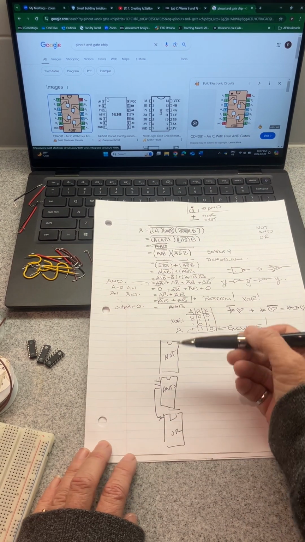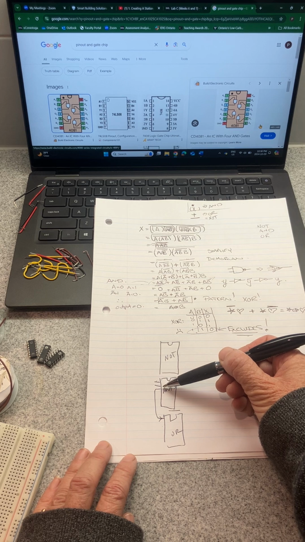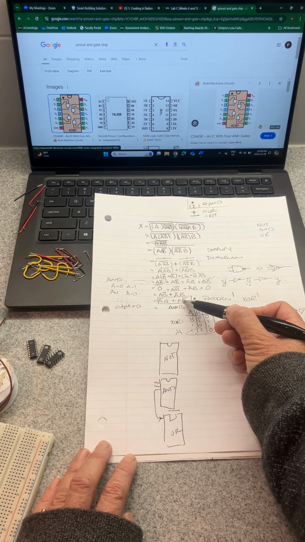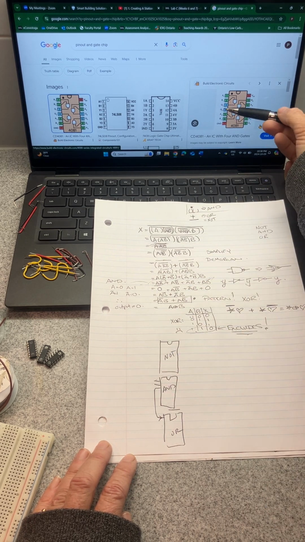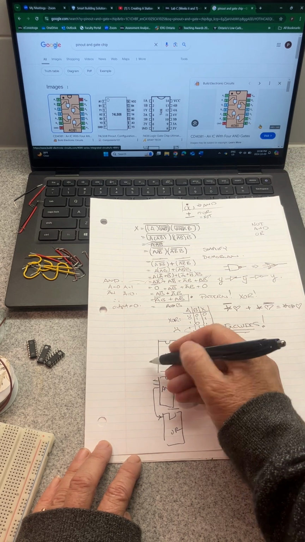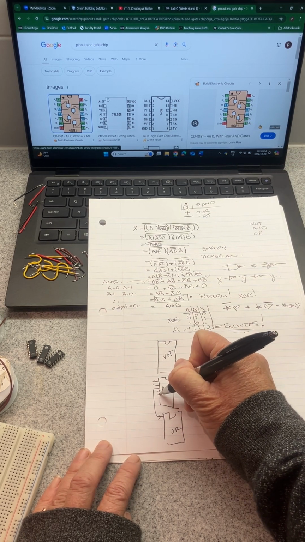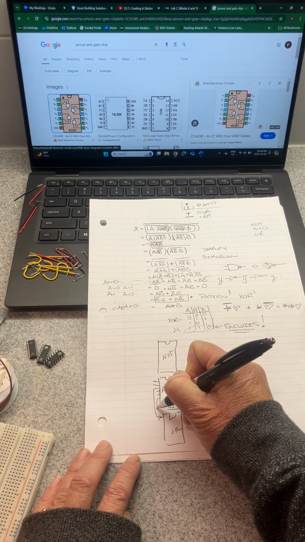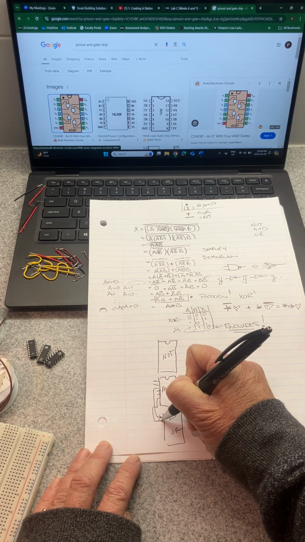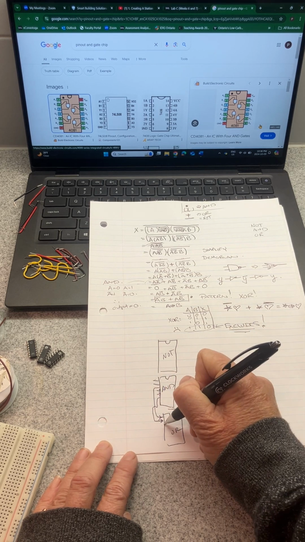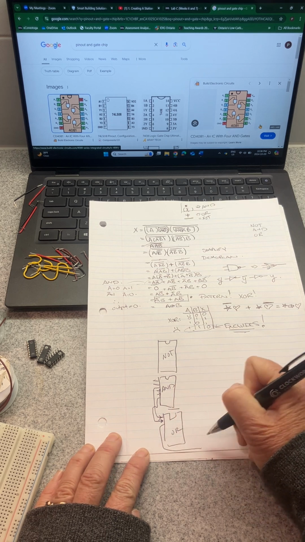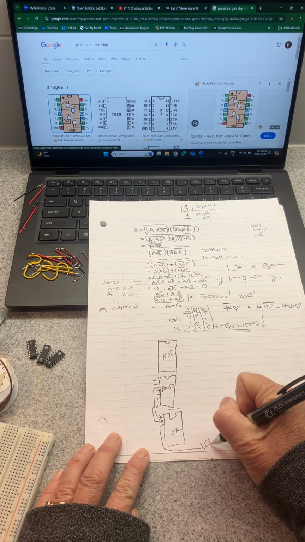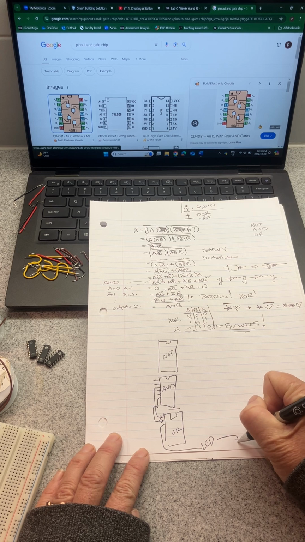And then I would do the other AND gate, which is down here, pins 4, 5, 6. Pins 4 and 5 are inputs. Pin 6 would come over to be the pin 2 OR gate input. The OR gate output is what goes to an LED, and the LED is going to go to ground.